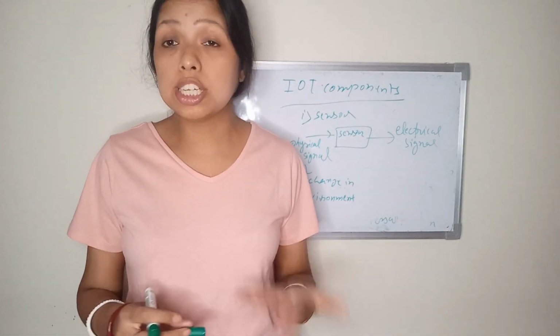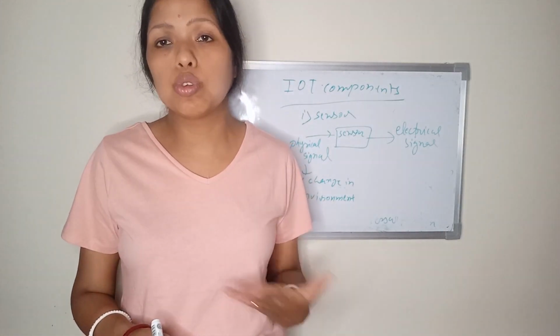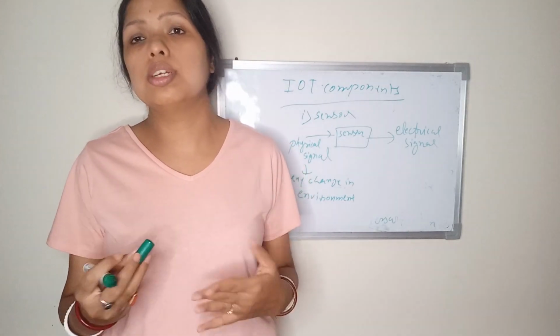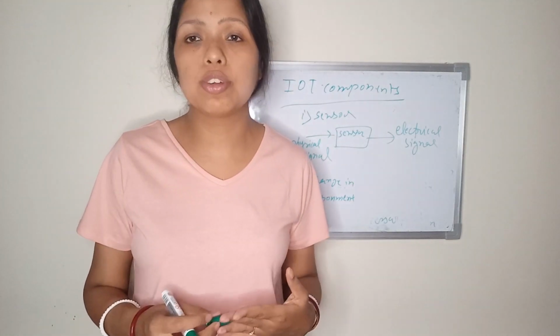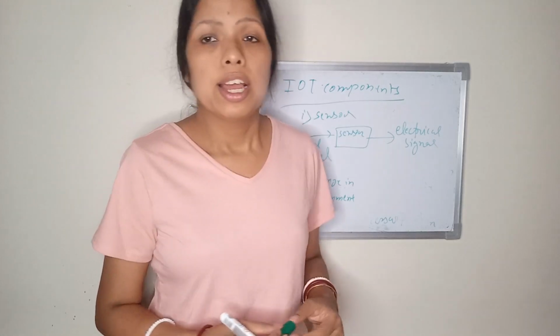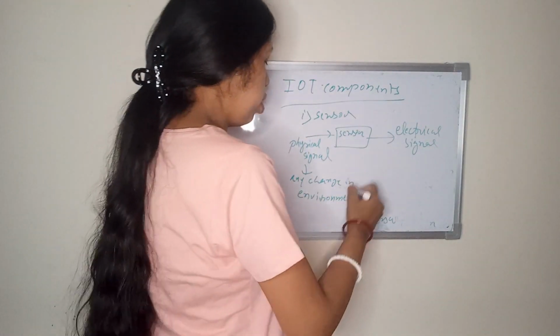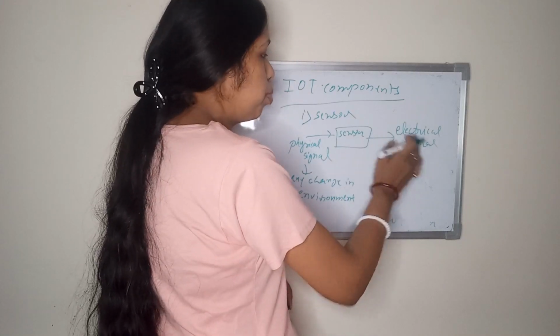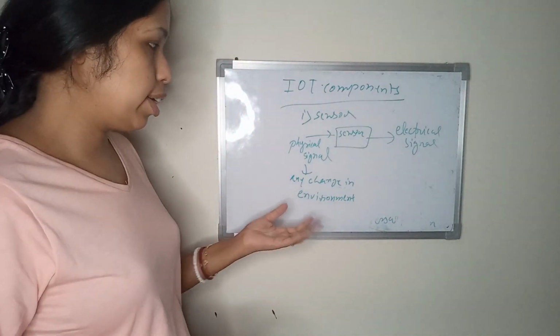The physical signal has to be converted into an electrical signal for the system. So any change in the environment will be detected by the sensor, and this will be converted into the electrical signal.